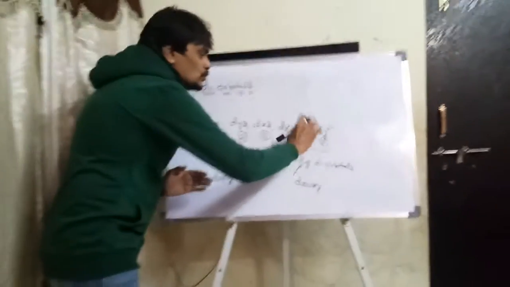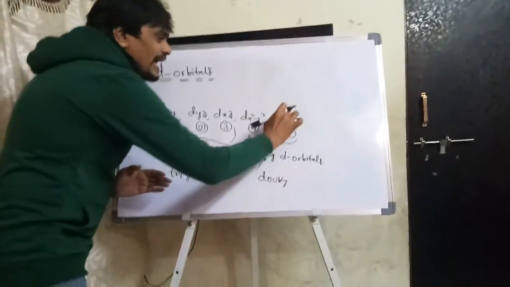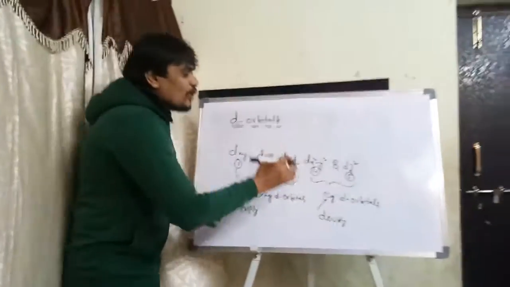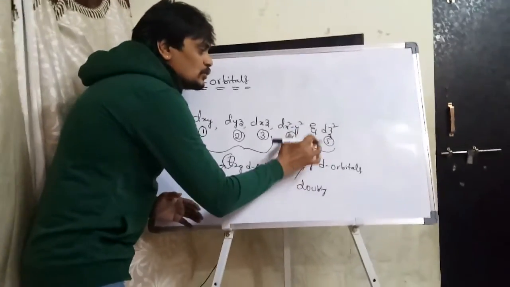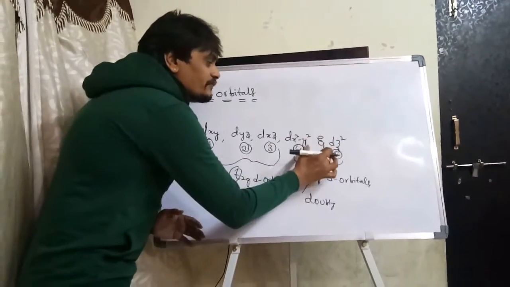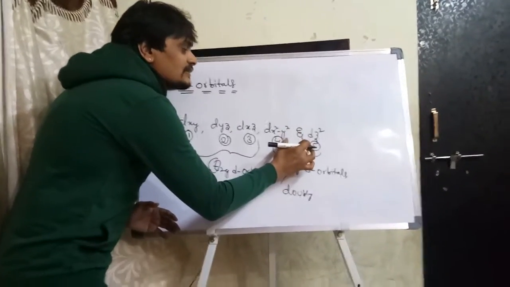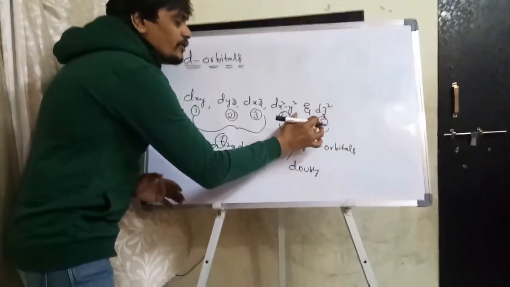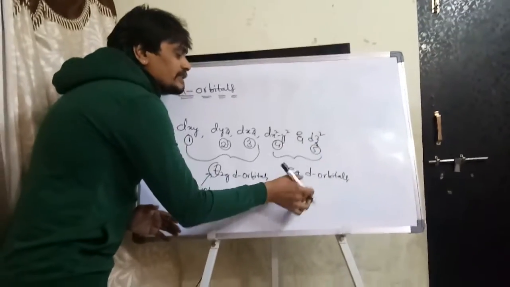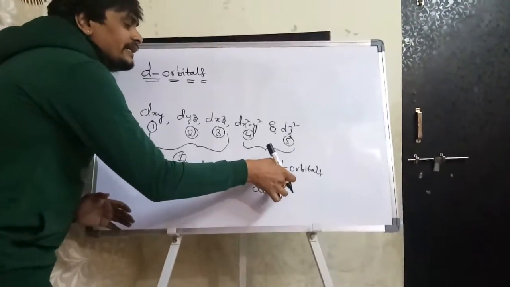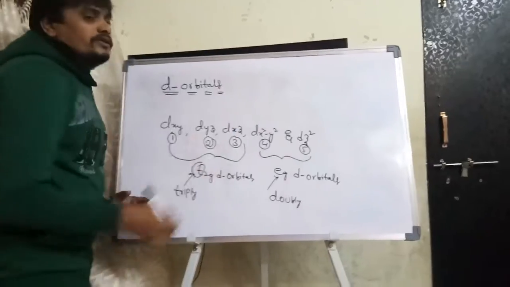And the remaining 2, dx square minus y square and dz square, are 2 d orbitals which are associated with the same amount of energy. That's the reason these are called degenerate orbitals, and since these are 2, they are called doubly degenerate d orbitals.